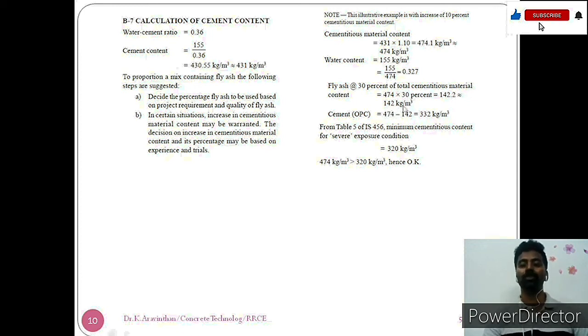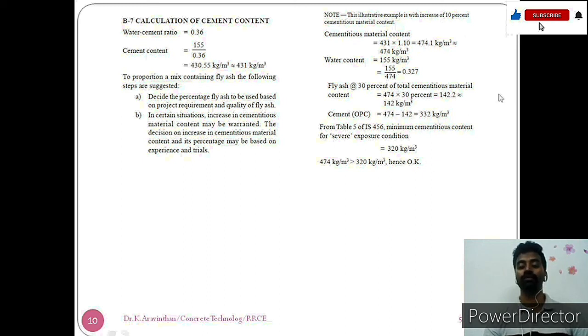So 474 is the cementitious content, and we can reduce the OPC value by adding the fly ash. 142 is the fly ash amount which we are going to use in the concrete.